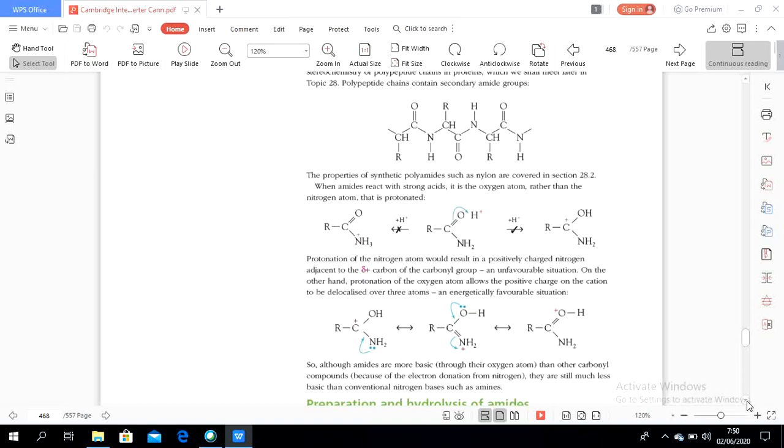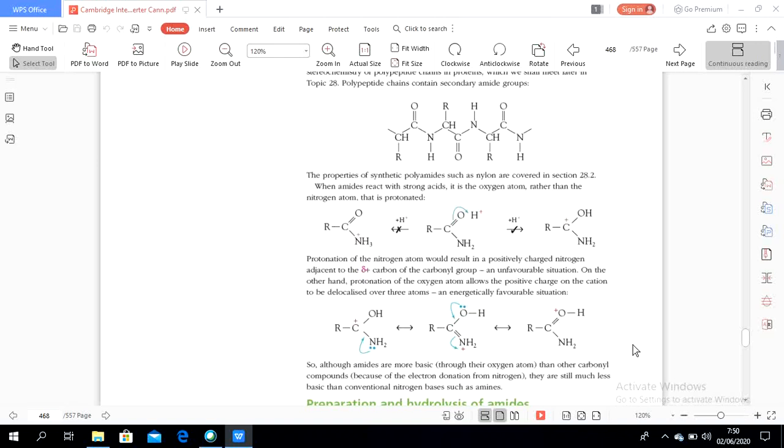Last time we studied already about amines. Amines have a specific structure, especially regarding the positive inductive effect. In amines, the positive inductive effect pushes electron density to the nitrogen, which makes the nitrogen able to make a dative covalent bond with the hydrogen ion.